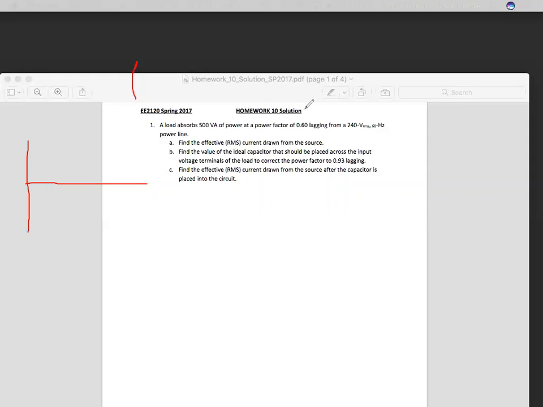And I'm going to draw volts in blue. So we have our voltage, and it's some AC voltage like that.